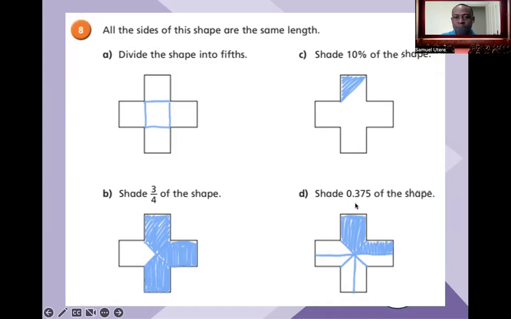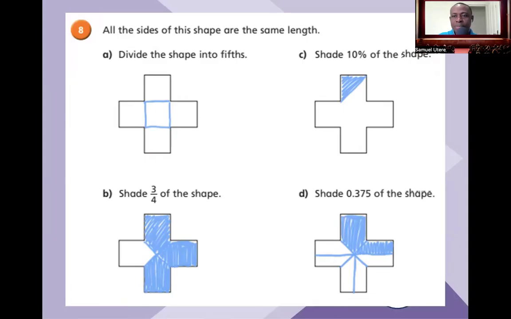Now, do you remember when we did eighths? Okay, eighths. So 0.375 will be splitting the shape into quarters and then into eighths. Now, if we split it into eighths, we have 1, 2, 3, 4, 5, 6, 7, 8. Remember? Eighths.